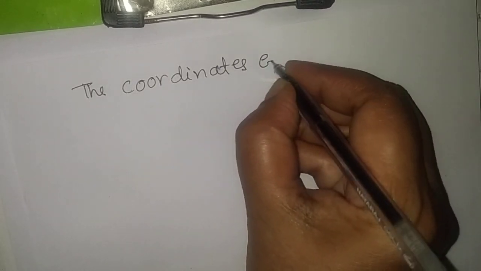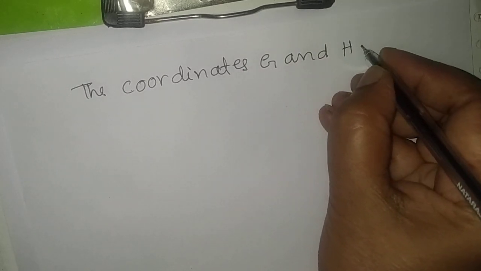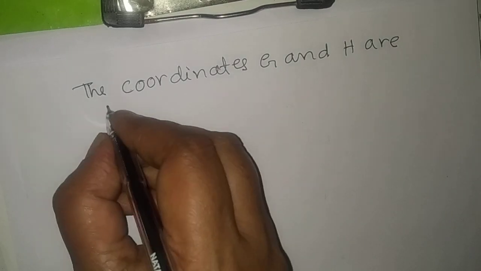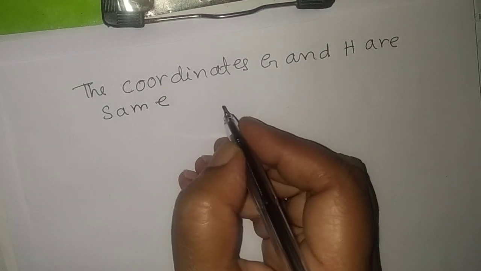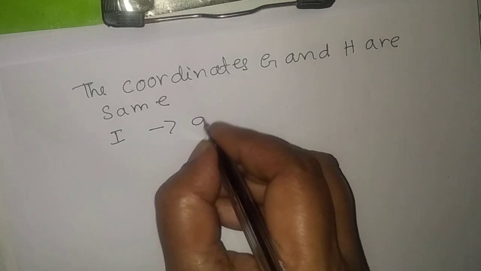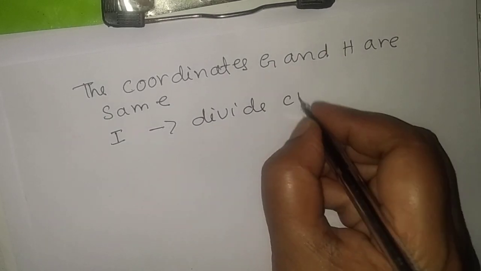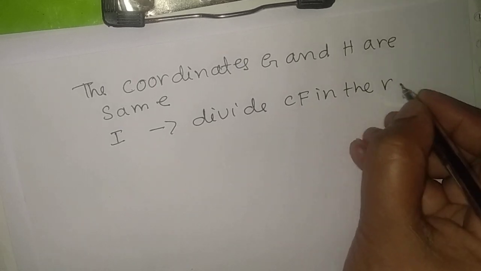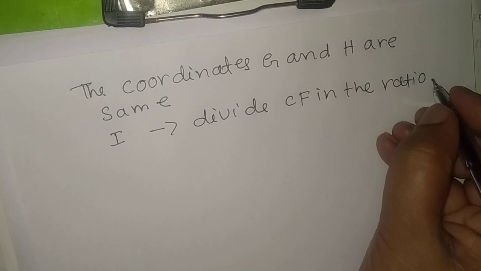Now we move to the next part of the question. Since the coordinates G and H are same, now I divide CF in the ratio 2:1.